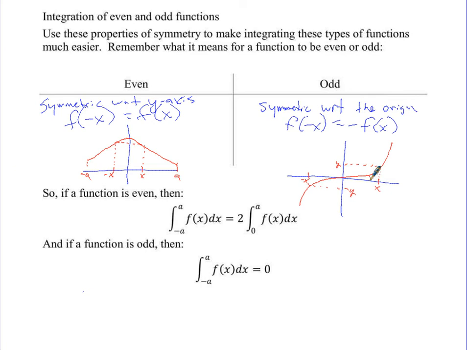So we add them together, and we get 0. So if we go from negative a to positive a, this is key here. If the bounds are negative a number to the positive number, and you find out that the function is odd, you can save yourself the trouble of integrating it and just say that the answer is 0. But you have to know that the function is odd, which means you have to do an analysis like this.